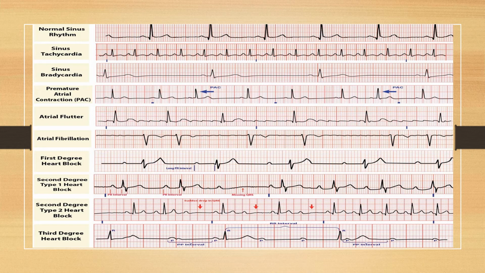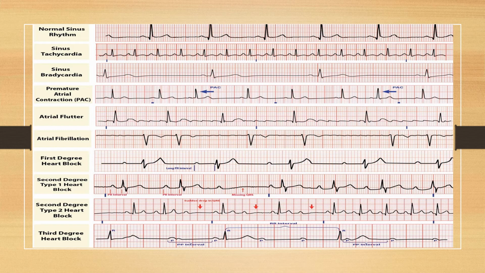Okay, and you can continue on this rhythm strip and see other P waves that were suddenly dropped with no QRS, meaning it didn't get conducted into the ventricles. So unpredictable dropping where the AV node just says, no, I'm not conducting you, that is second degree type 2. That's going to need a pacemaker. Okay, a permanent pacemaker.